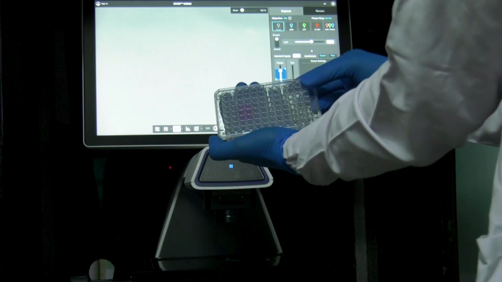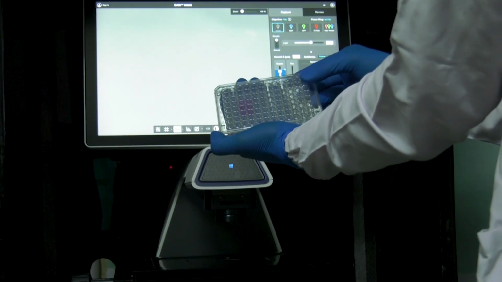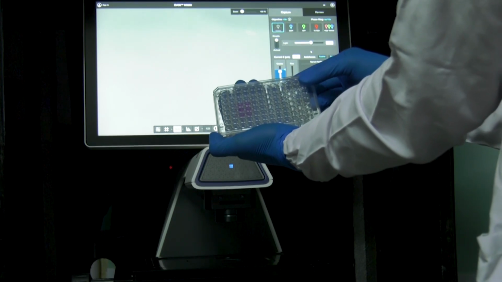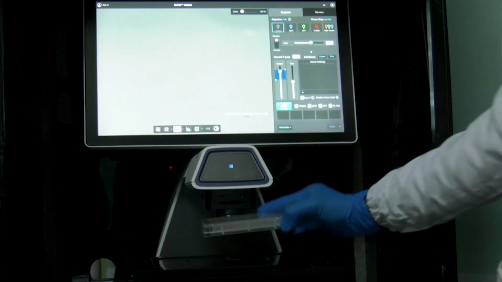We have seeded 10,000 cells for the MTT assay. Now we are going to view them under the inverted microscope to confirm whether the cells are present in both the control well and the well where the test material will be added.